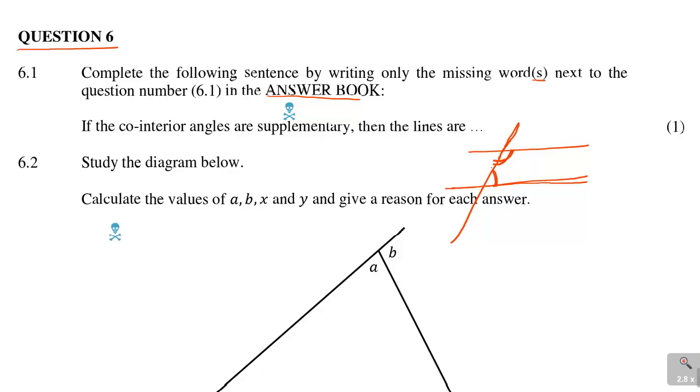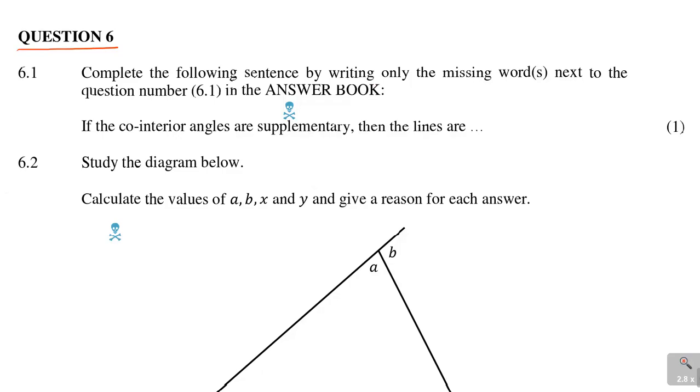This is inside, this is inside. If the co-interior angles are supplementary, meaning they add up to 180 degrees, then the lines are parallel, meaning this line is parallel to that line. I almost got that one wrong, but yeah, this is your geometry. That is 1 mark.